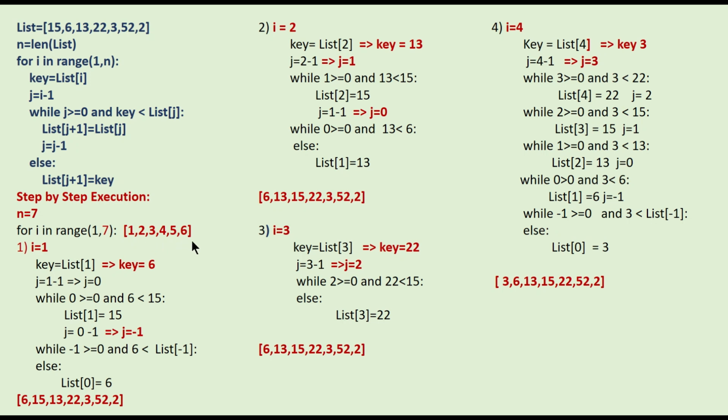That is, for all the values of I, we will be repeating the task. So at the end of this you will have the sorted list. Right? Okay. So this is how your insertion sort works.